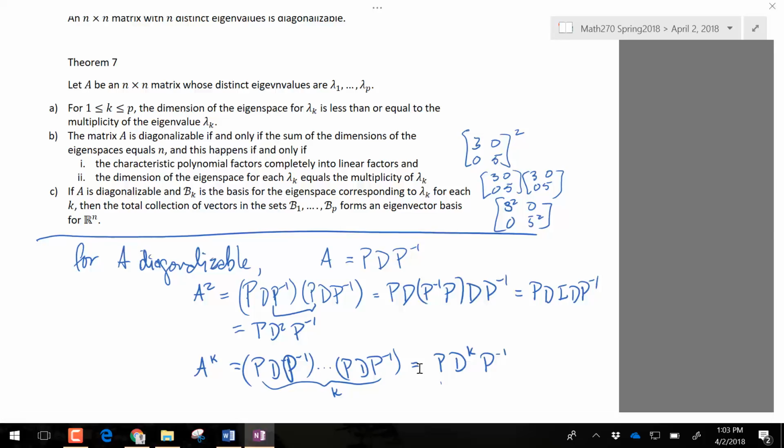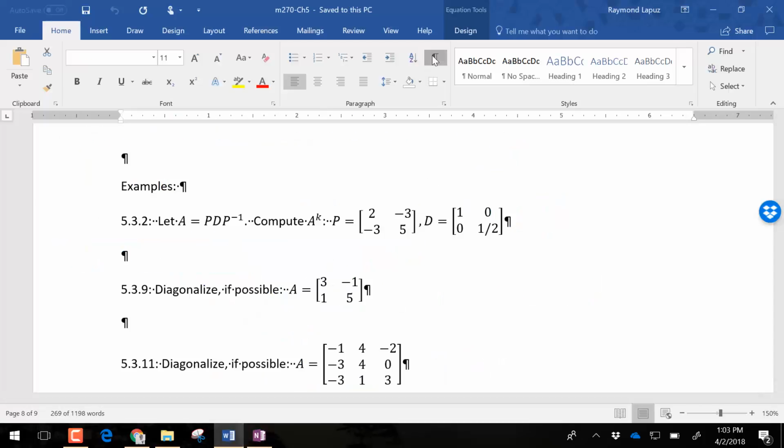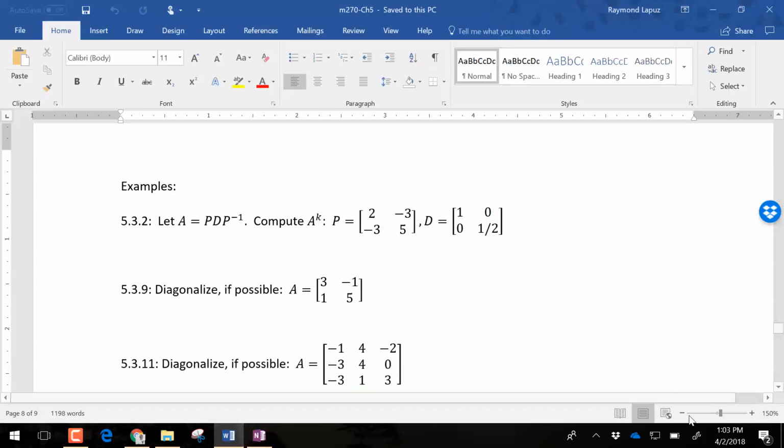All right, so let's go back to this example that we were looking at. Let's do some warm-up examples.